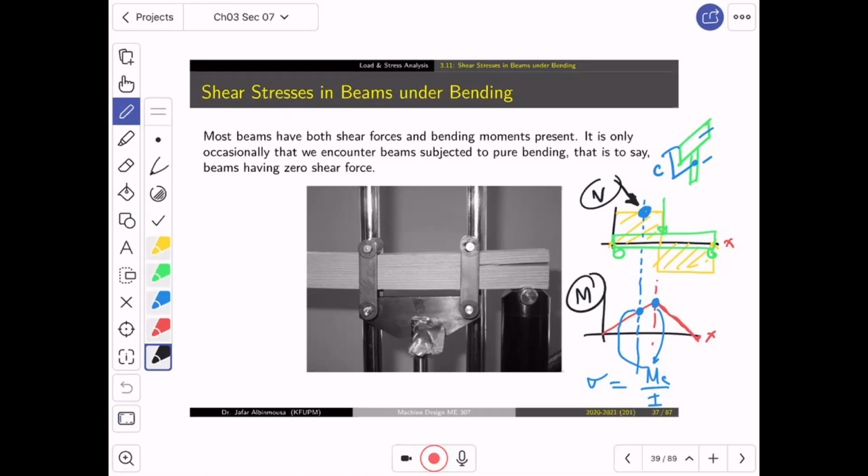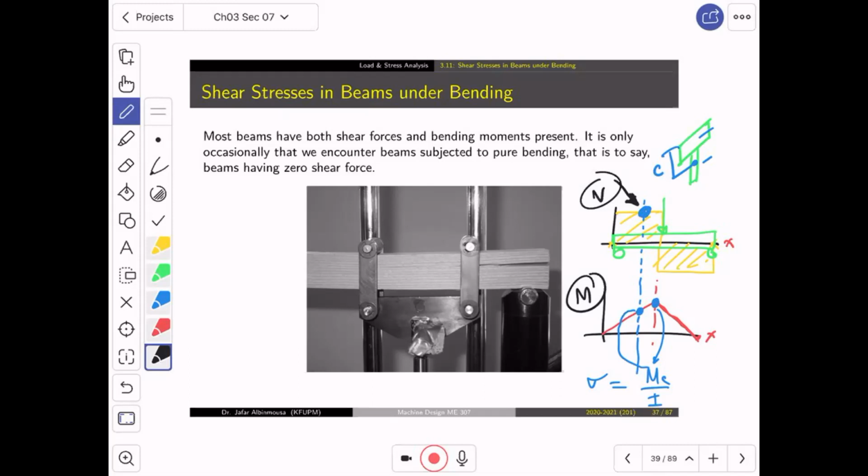Yeah. So what we are going to do next is you will see that whenever you have a shear force diagram, you will generate a bending moment diagram. The bending moment diagram we determine for beams under bending. And only in very critical situations, guys, there will be only bending and no shear.